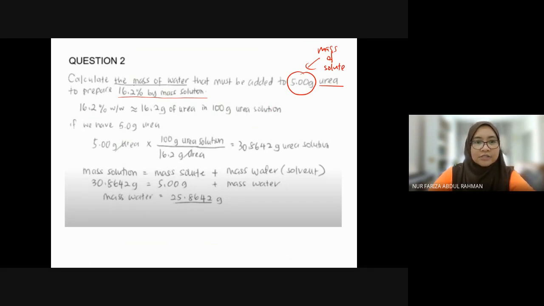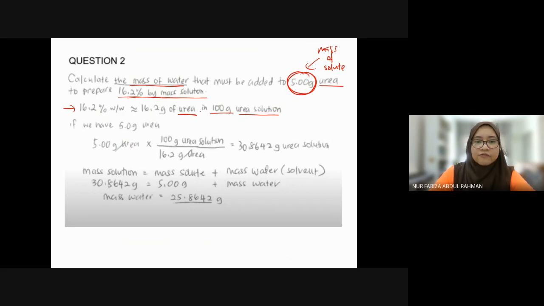The question is asking for the mass of water, or mass of the solvent, given the mass of the solute and the concentration of the solution. We can interpret the percent by mass in terms of gram. 16.2% means we have 16.2 gram of solute, which in this case is urea, in 100 gram of urea solution.